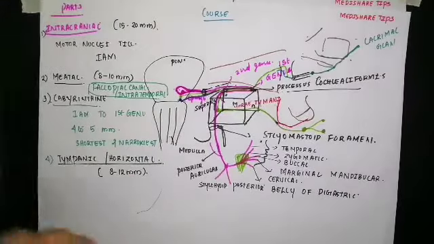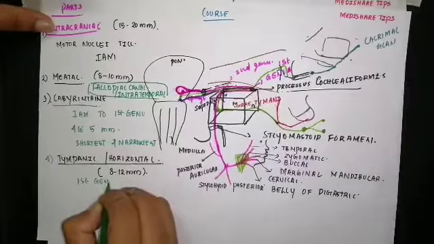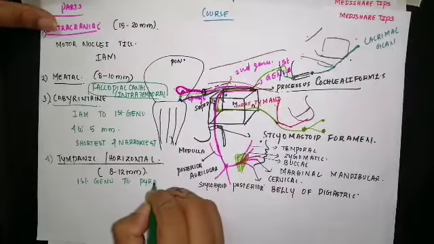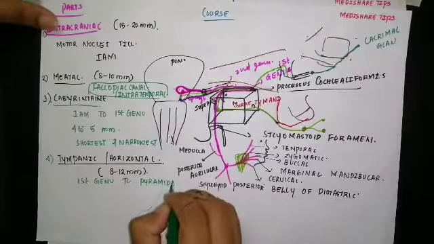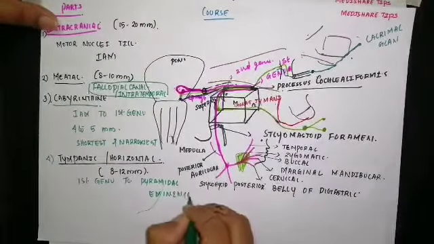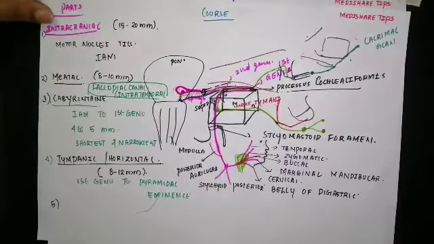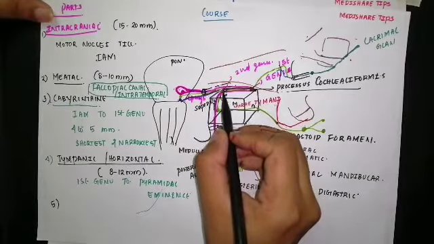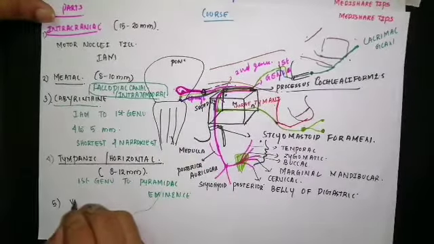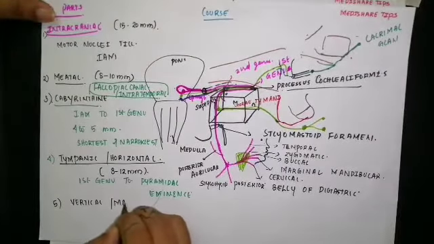So it extends from the first genu to the pyramidal eminence. And another part is from the second genu of the facial nerve, from the pyramidal eminence to the stylomastoid foramen. That is known as the vertical or mastoid or descending segment.